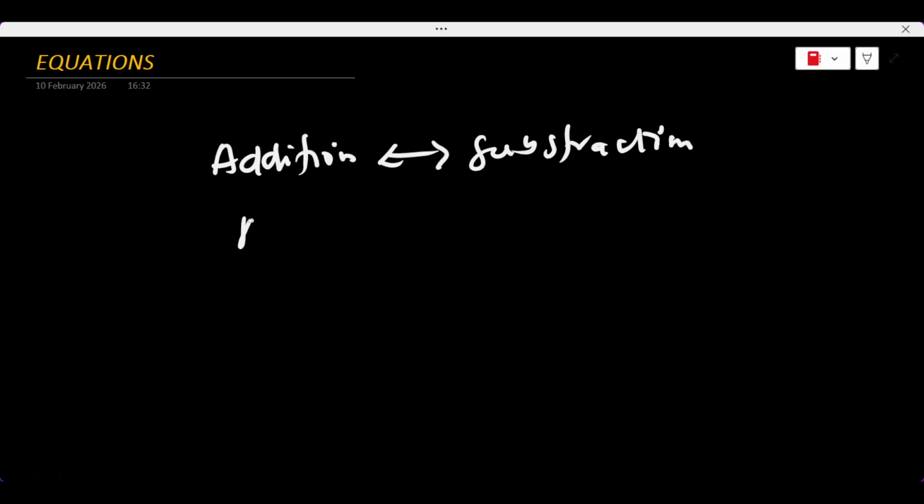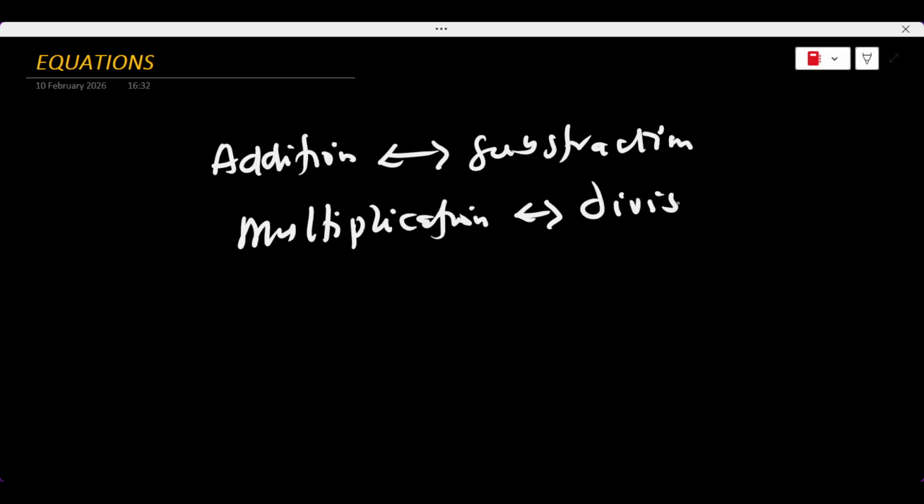And then we have multiplication, which goes inversely with division. And I hope it is clear. Equations are not hard, learners. They are just about balance and opposite operations.